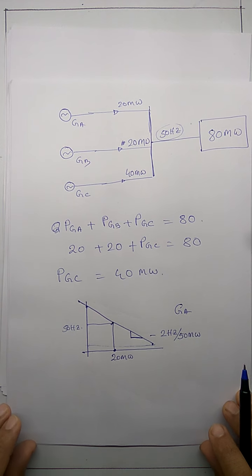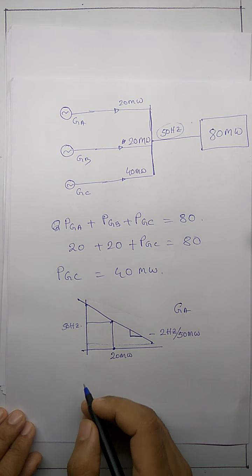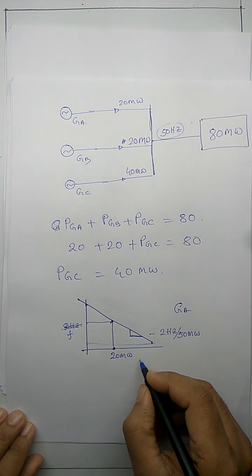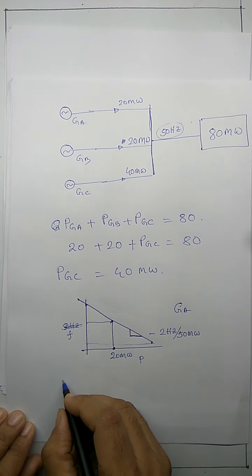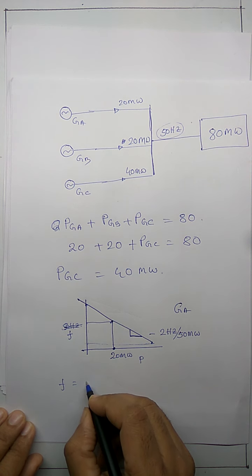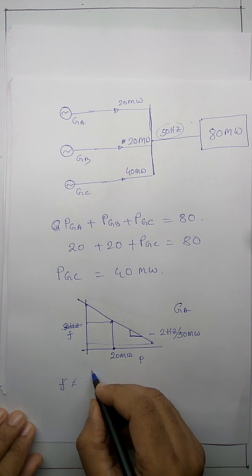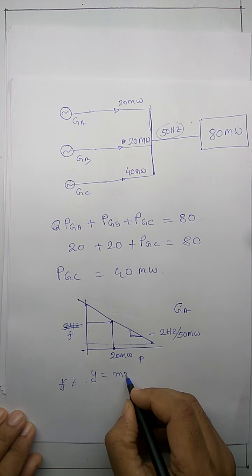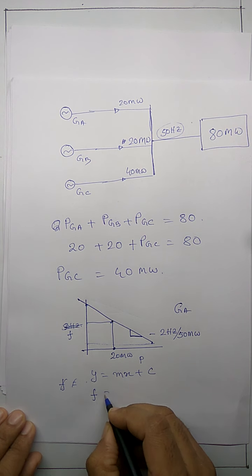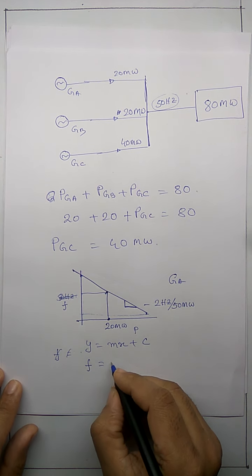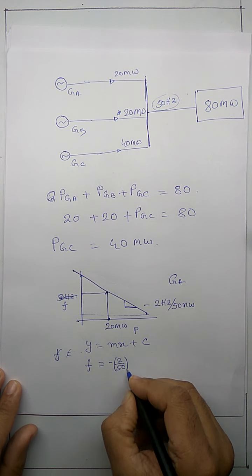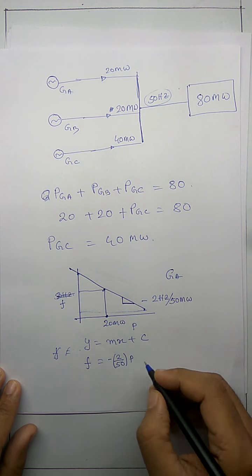Now let's write a straight line equation. On this axis we have F, on this axis we have P. So we can write, y equal to mx plus c. What is y here? Y is F. What is m here? M is minus 2 by 50 into x. X is P, plus c.